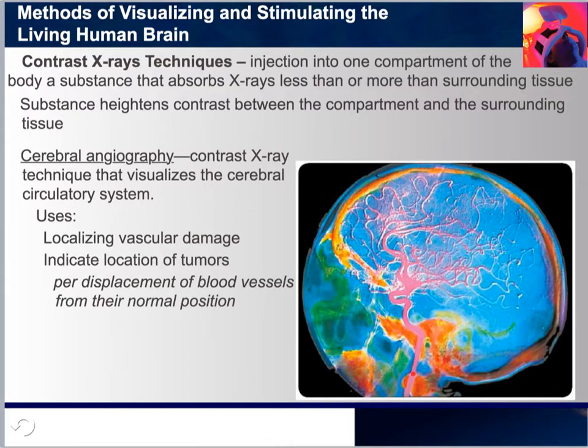You can see how beautifully the arteries flood through here. If there were a tumor pressing against this, then we would not see an artery in its typical fashion. And this could bring about effects depending on the part of the brain that's being deprived of oxygen.